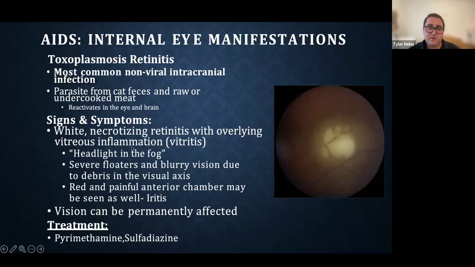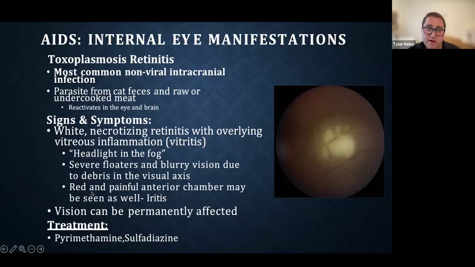This may lead to severe floaters, blurry vision due to all the debris in the visual axis. And again, remember, your visual axis is anything from the cornea to the pupil to the retina. So anything in the way of that is going to block light and, of course, give us decreased vision.